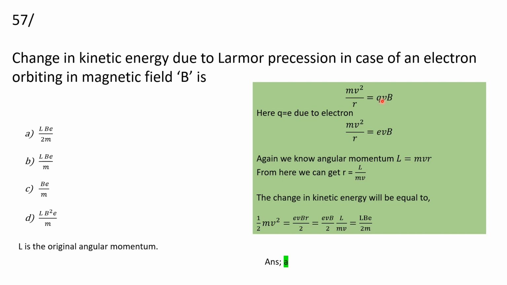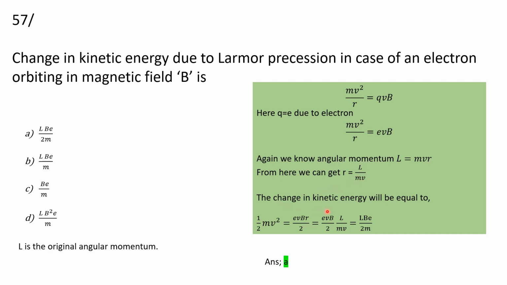Again, it has been given that in case of an electron, so we know the charge of the electron, that is q is equal to e, and here in place of q you can take e. So mv square by r will be equal to evB. Again, we know that the angular momentum L is equal to mvr. So from here we can get the value of r, that is the radius, will be equal to L by mv.